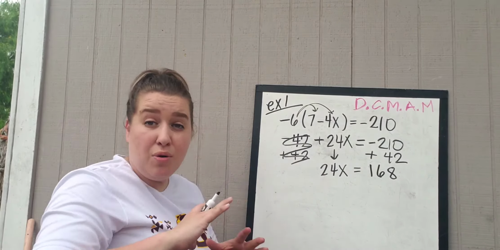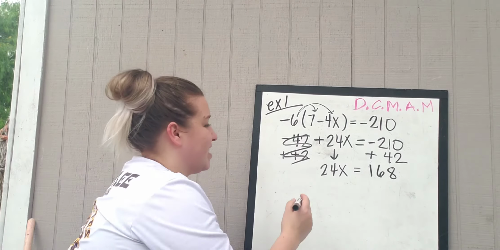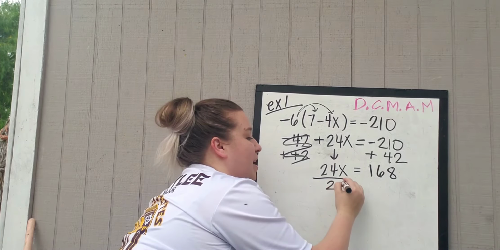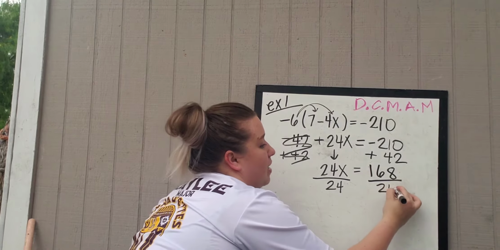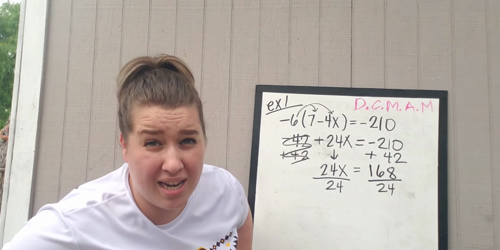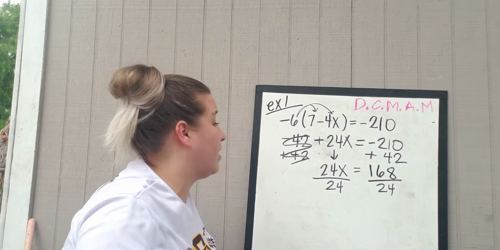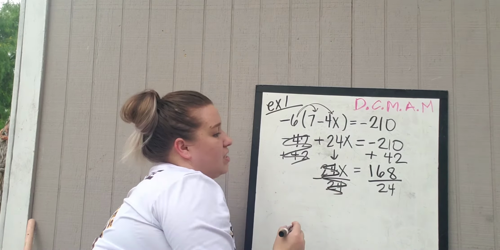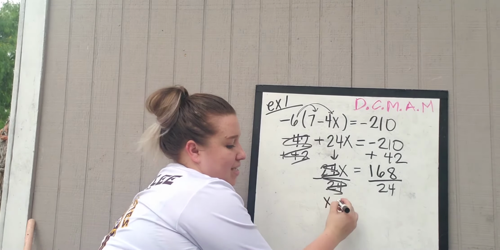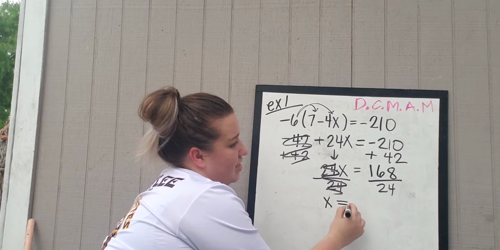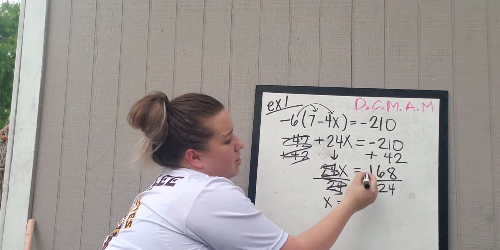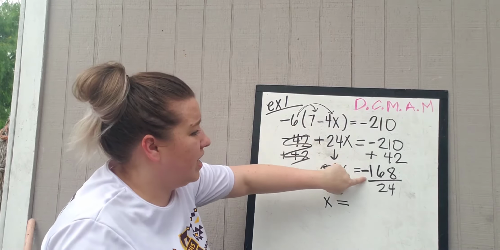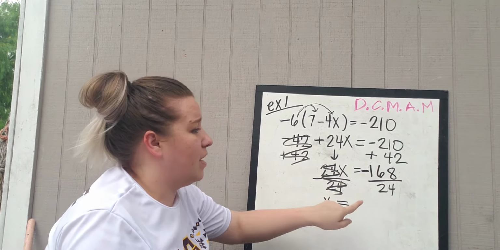Last step, the one that nobody forgets. Divide by 24. Sorry guys, I've got to be my normal crazy self if I'm going to get you to watch this entire YouTube video. So 24's go away, and x equals, oh I'm sorry, this is supposed to be a negative. Silly teacher. If y'all did that, you should have corrected me. -168 divided by 24.